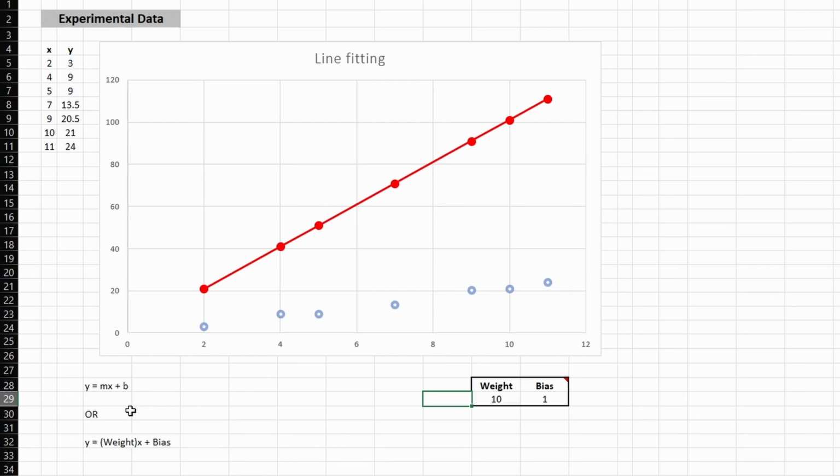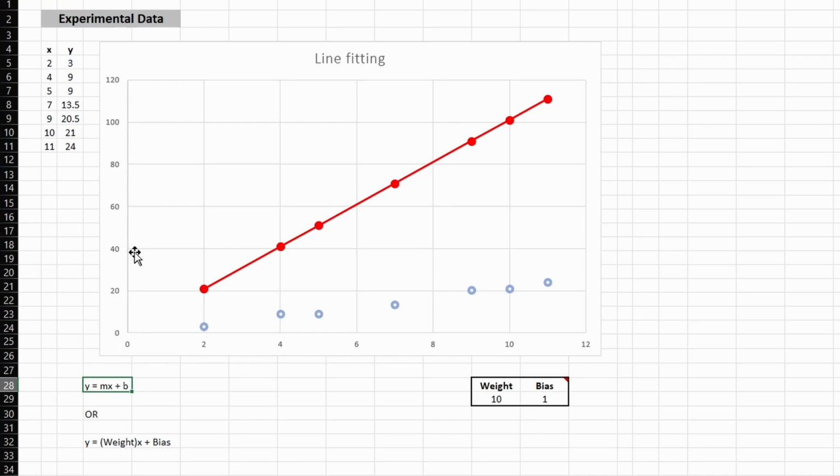What is m and what is b? In math, you probably have heard that the m stands for the slope of the line, how fast it's increasing or decreasing. And the b stands for the y-intercept, which is, if you were to extend this line to the y-axis, where does that hit the y-axis, right?